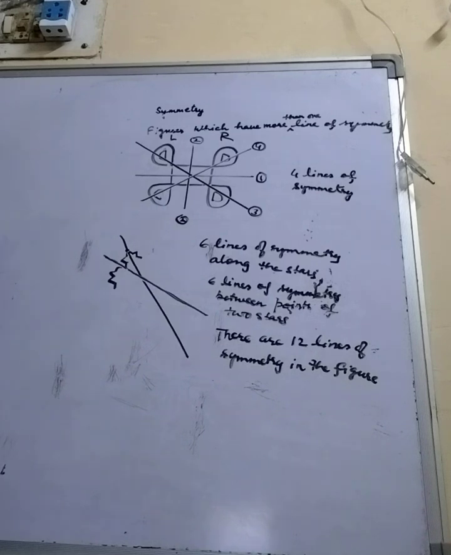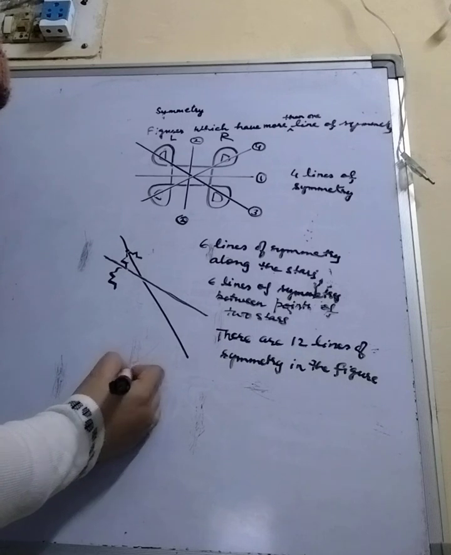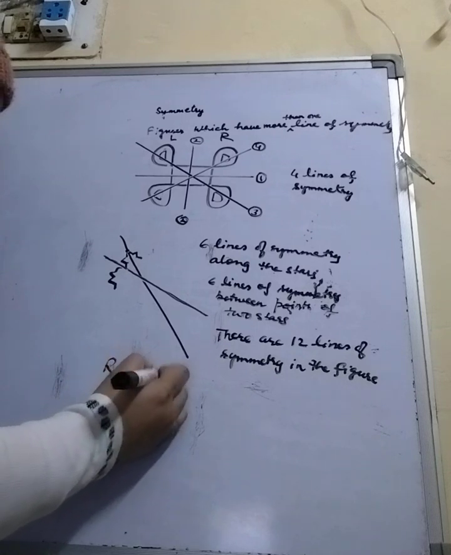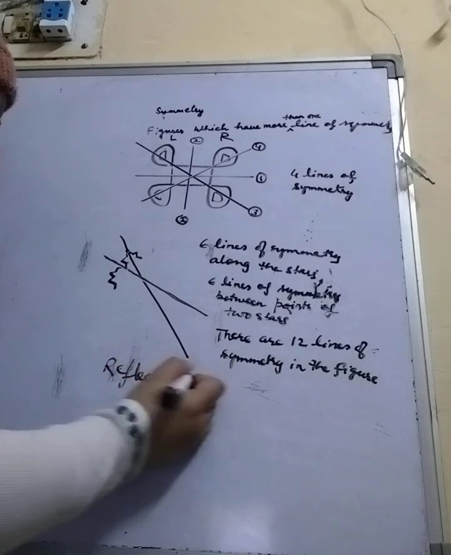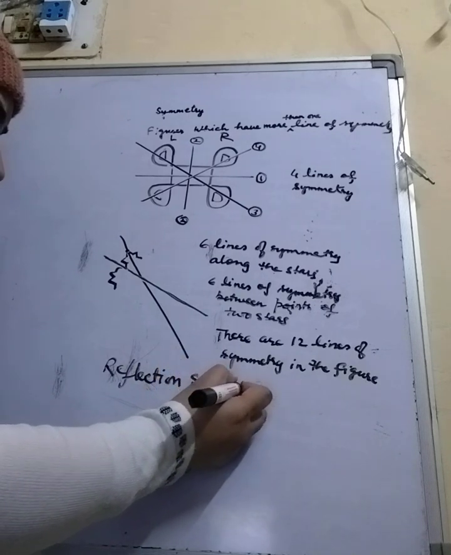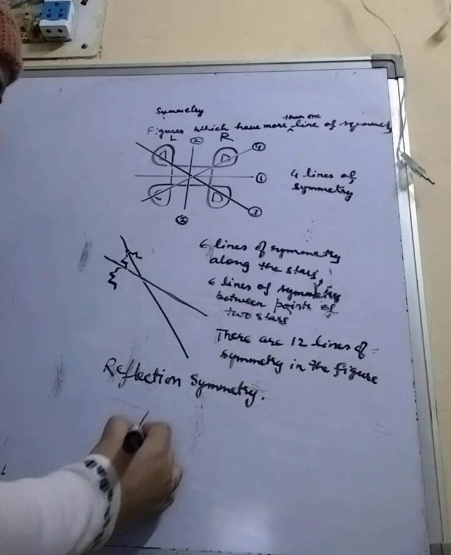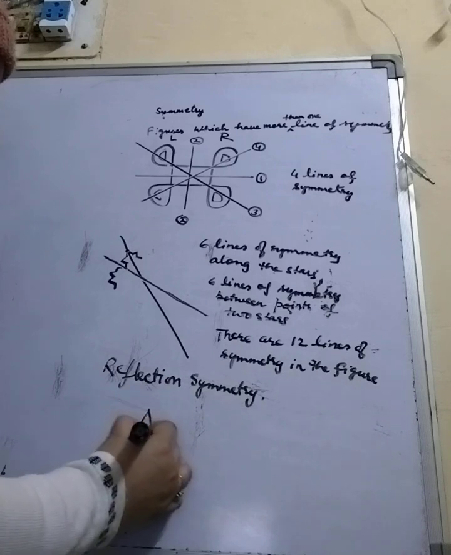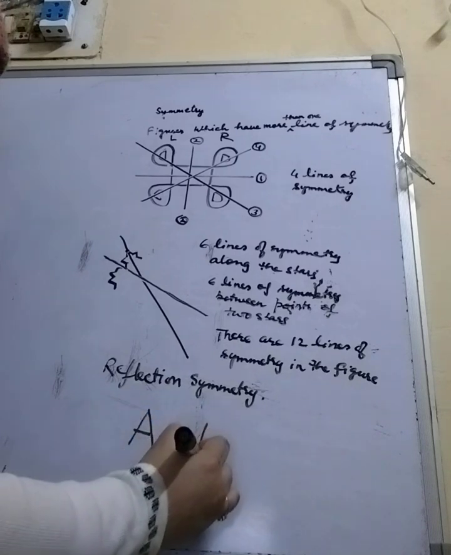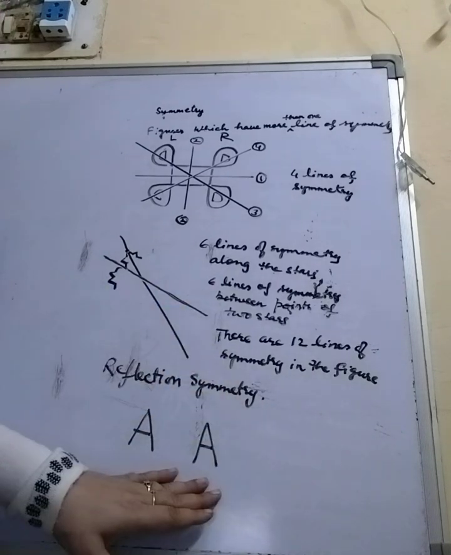Now what does line of symmetry show? The line of symmetry is also called reflection symmetry. Why reflection? Like in a mirror, suppose you write A and see it in a mirror, so you would get the same reflection as this part.